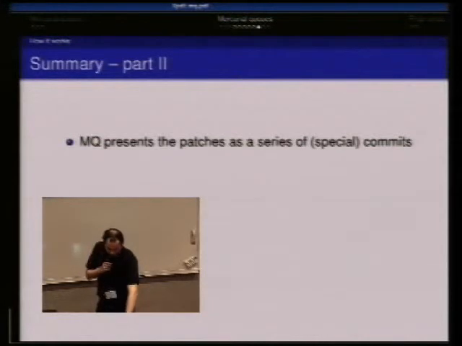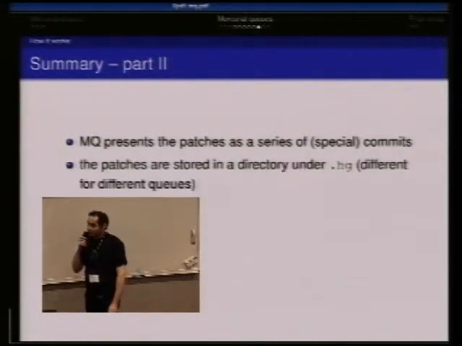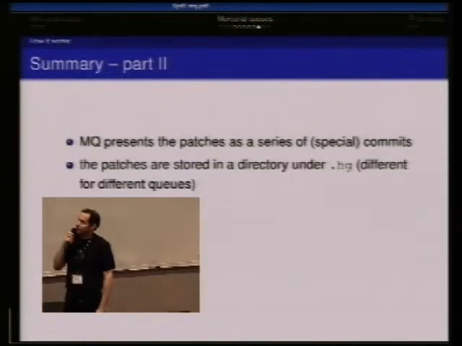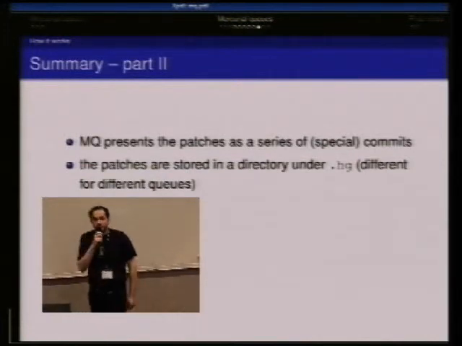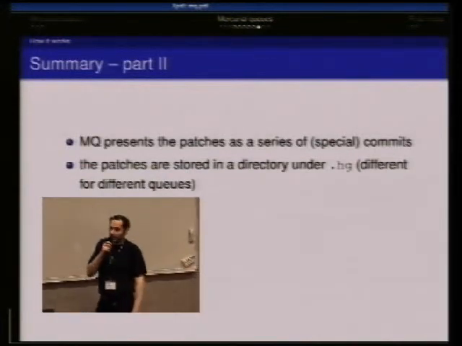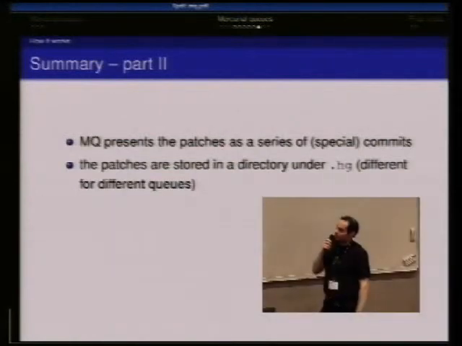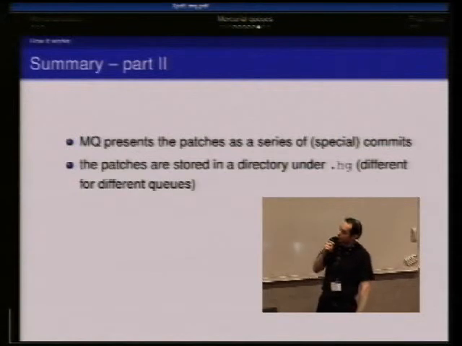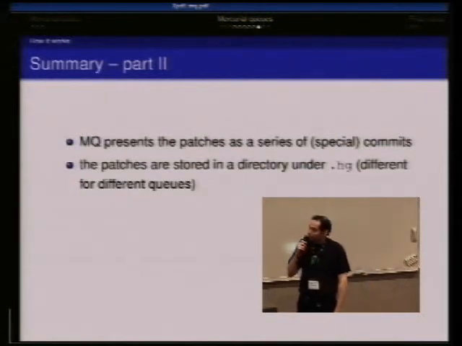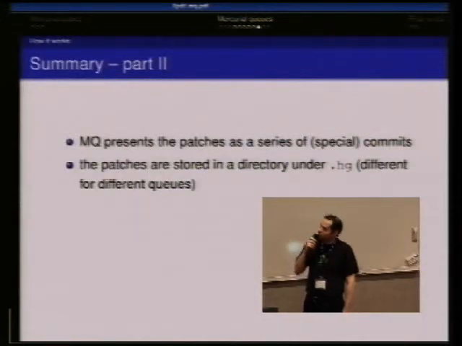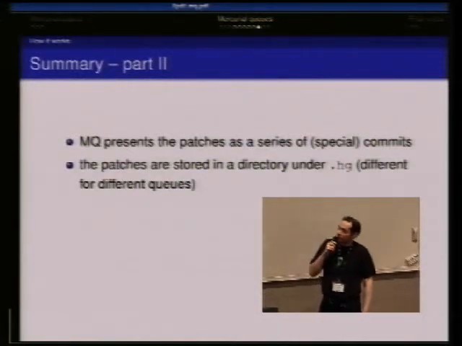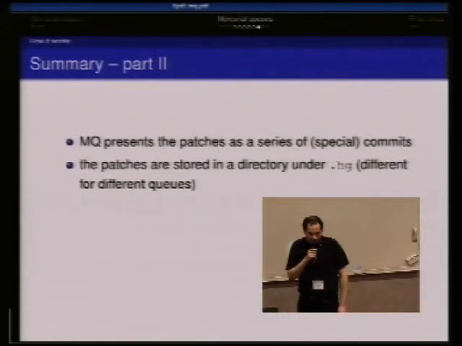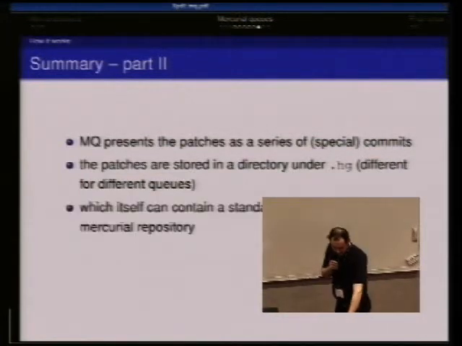And it's quite easy. The patches are stored in the special directory .hg, which is where Mercurial keeps all its files. And in this directory, a special subdirectory is created for every queue. And of course, if you want to use the possibility to track the changes, then there is another .hg created in this subdirectory.